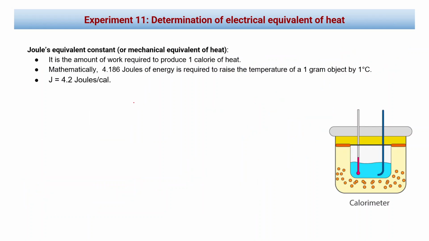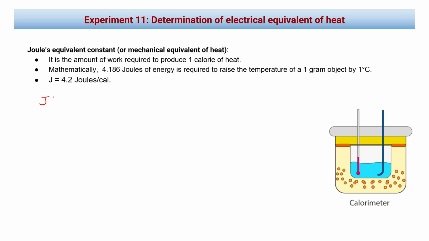Now there is another experiment that was discussed, which is determining the electrical equivalent of heat. So first let's understand what this electrical or mechanical equivalent of heat is. It is also known as Joule's equivalent of heat. It is denoted by capital J, and this Joule's equivalent constant, or mechanical equivalent of heat, is defined as the amount of work required to produce 1 calorie of heat.